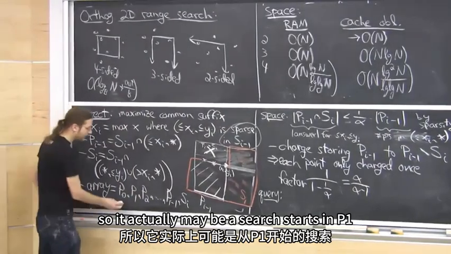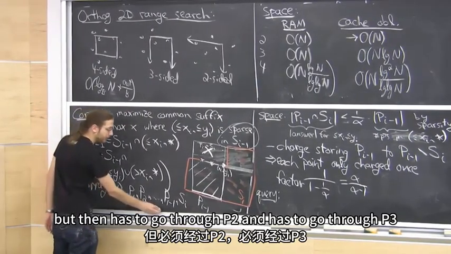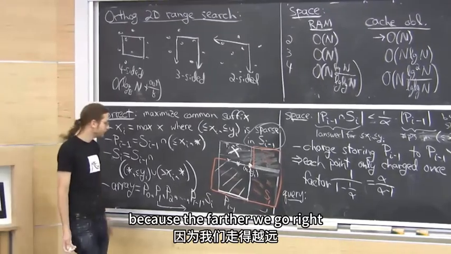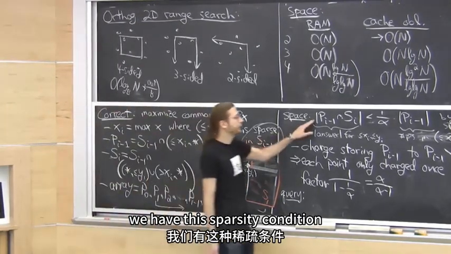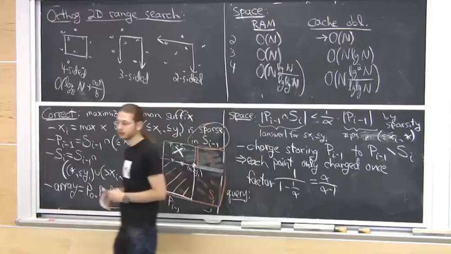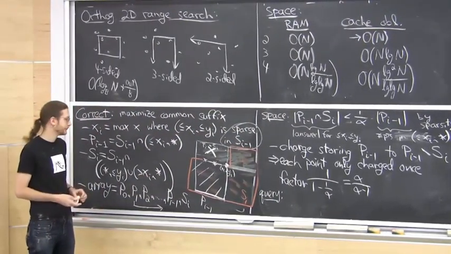So it actually may be a search starts in P1, but then has to go through P2 and has to go through P3. But it's okay, because the farther we go right, we have this sparsity condition that tells us basically the number of points we're looking at are getting smaller and smaller.